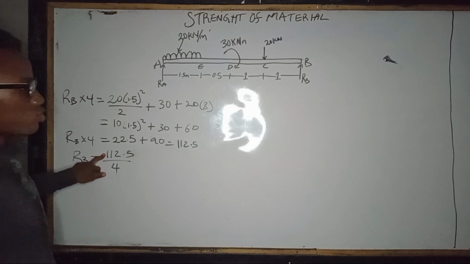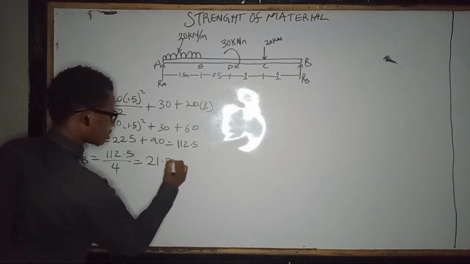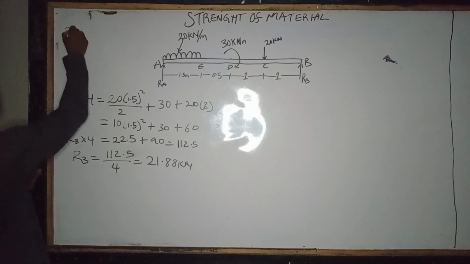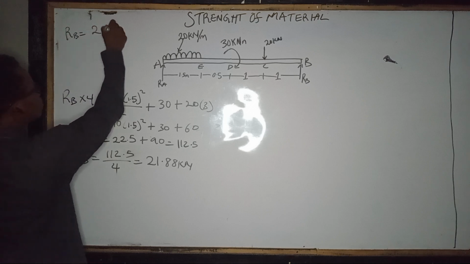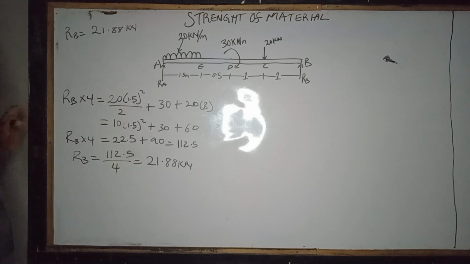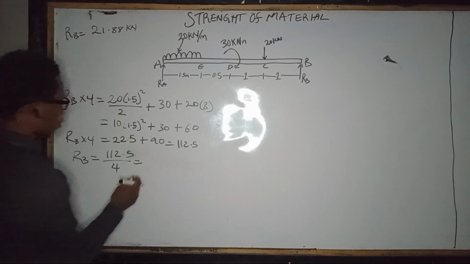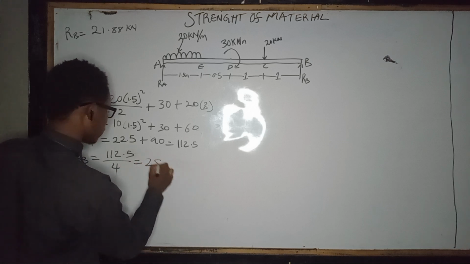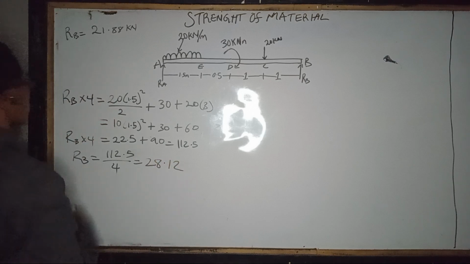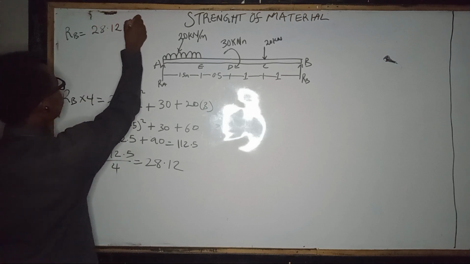And if we divide 112.5 by 4, we are supposed to get 28.12. So our reaction at B is 28.12 kilonewton.